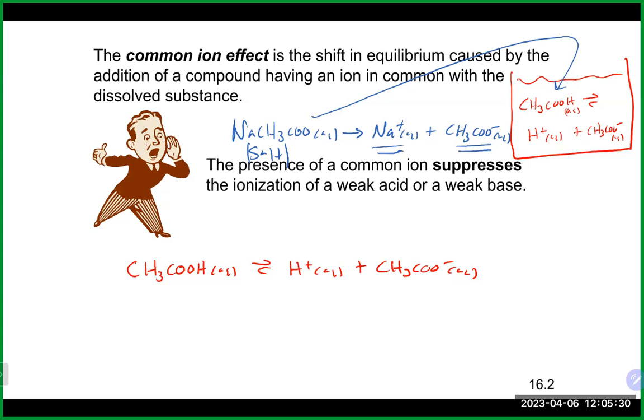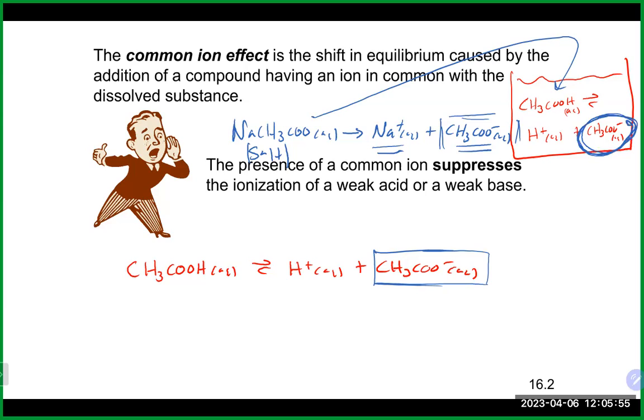Which ion is in common with the acetic acid that's already in there? The ion that's in common is the acetate, yeah? The acetate ion is found on both. So when I dump sodium acetate into the solution, it being a source of sodium and acetate, I am essentially adding more acetate to this equilibrium.